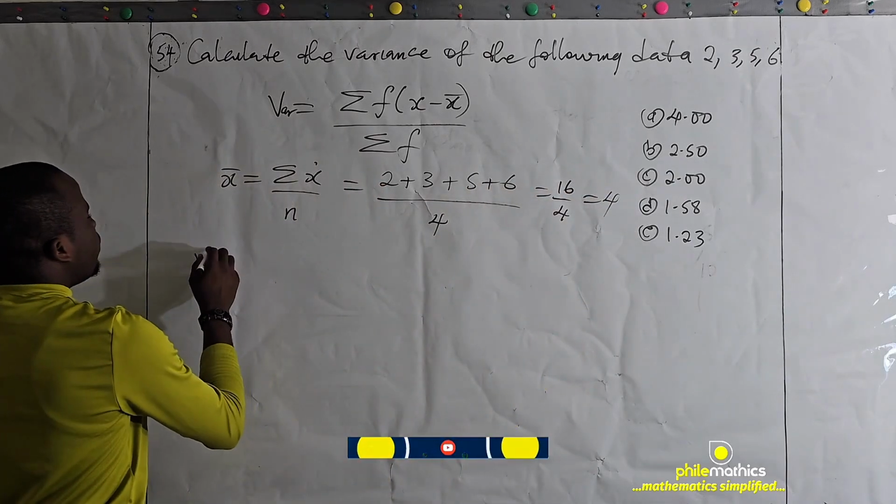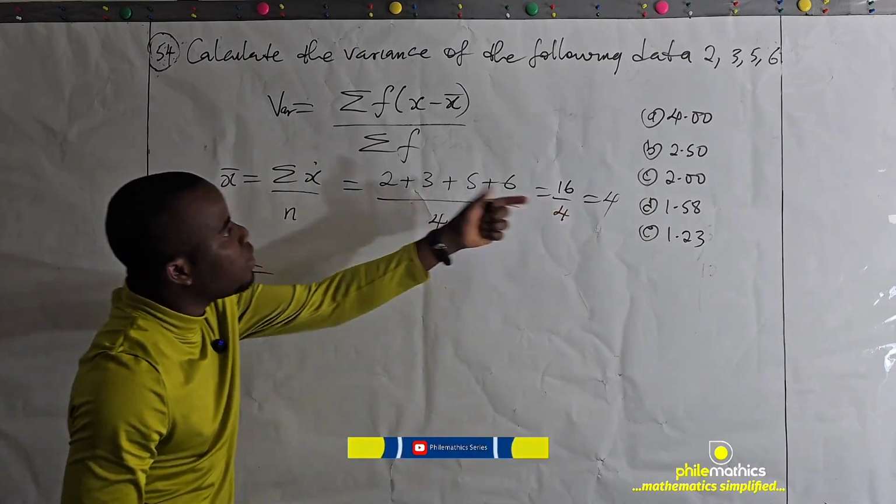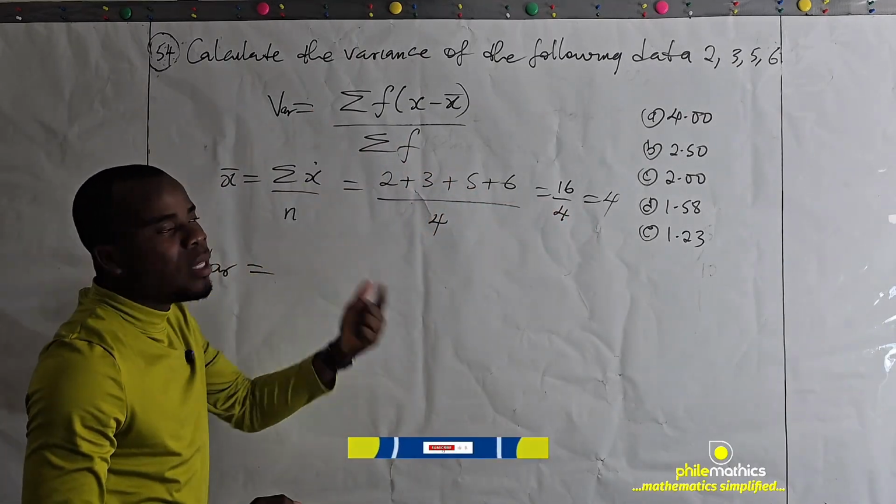And so the variance is summing the deviation from the mean and then dividing by how many they are.